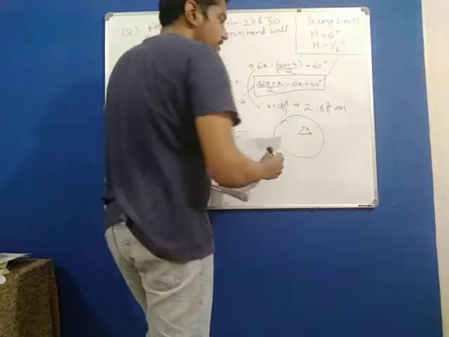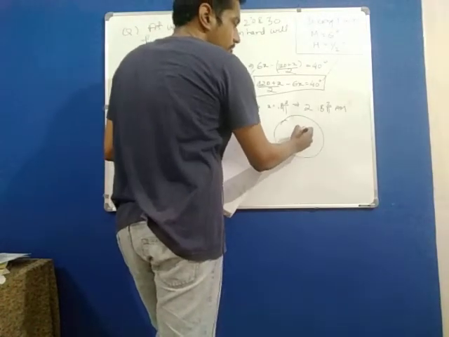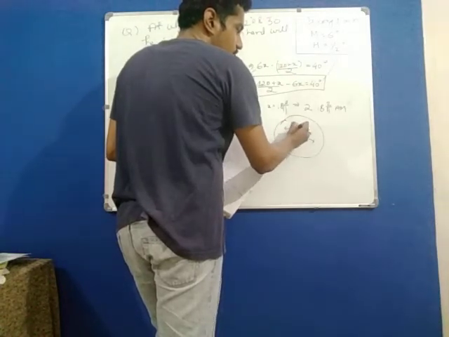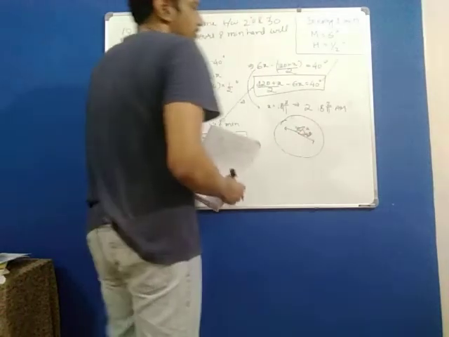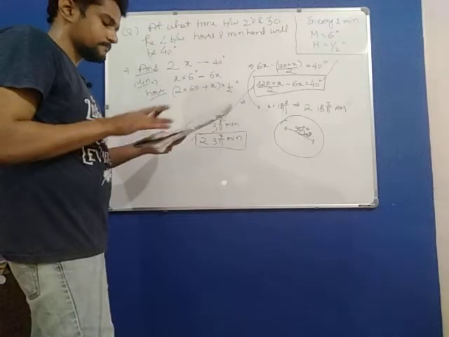Between 2 and 3 the angle subtended by the hour's and the minute's hand could be 40 degrees like this, or it could be 40 degrees like this. This could be 40 degrees or this could be 40 degrees. That is why we will have two answers in this particular question.